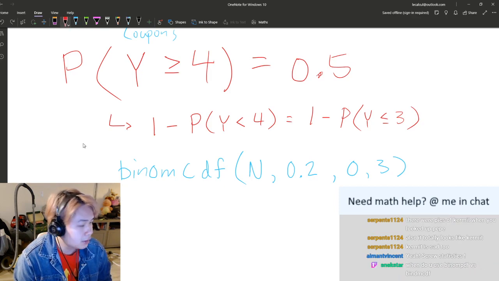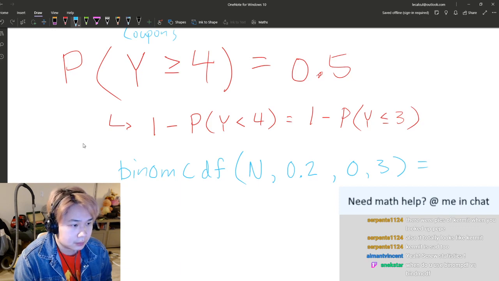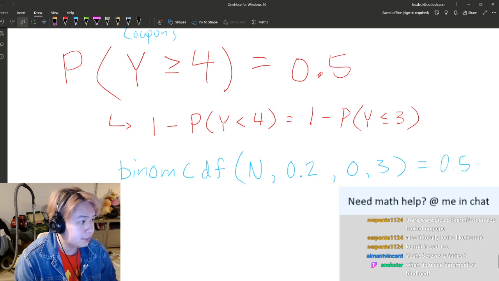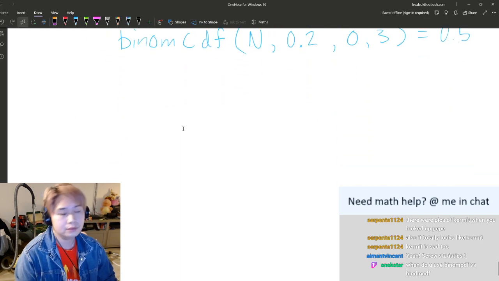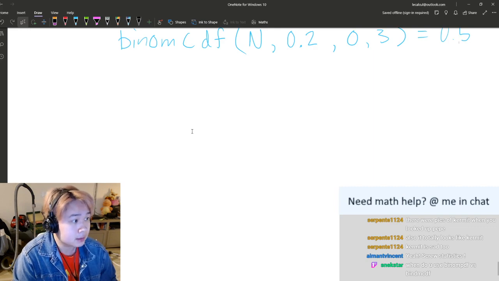When do you use binomial PDF versus CDF? So first off, you need to know what a binomial PDF is, a probability function. So for example, let's say you're rolling dice, right? And then you want to count how many 2s you get.